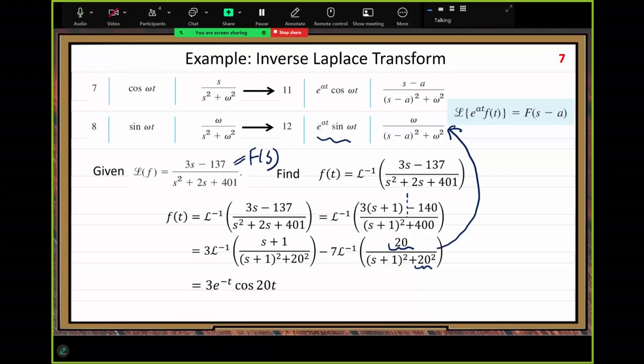The second one, 7 times also e to the -1 times t, and sine omega t. That's the answer. That's the way to find the inverse Laplace transform using the basic formulas.